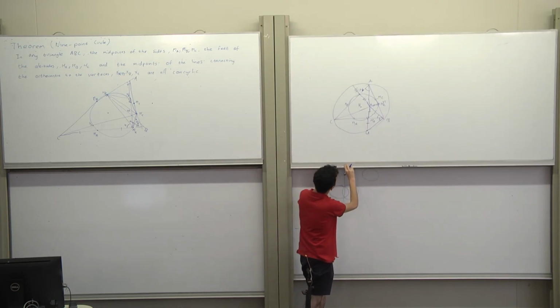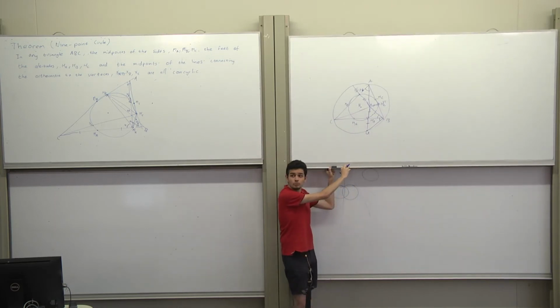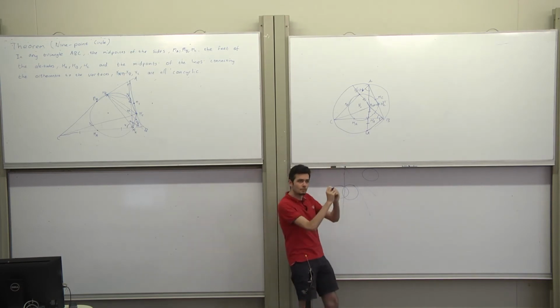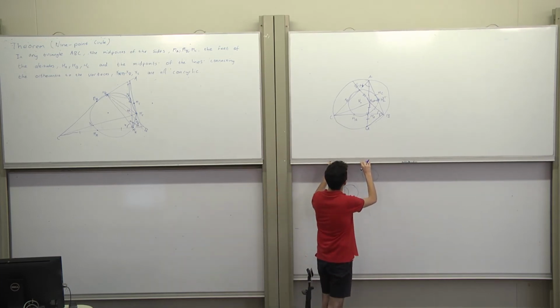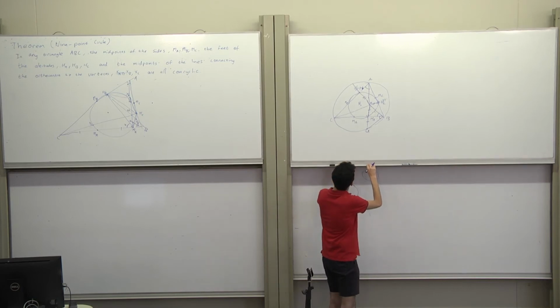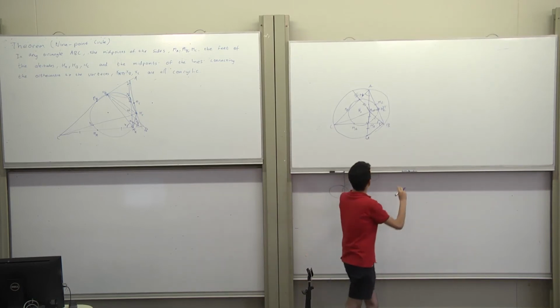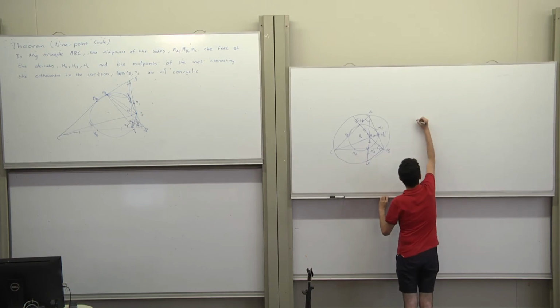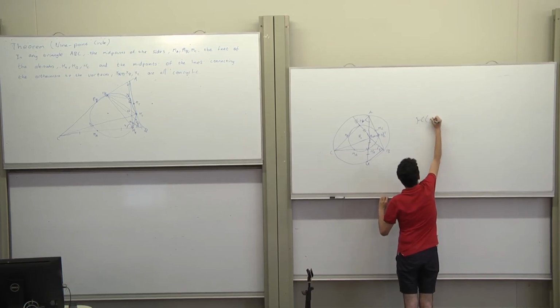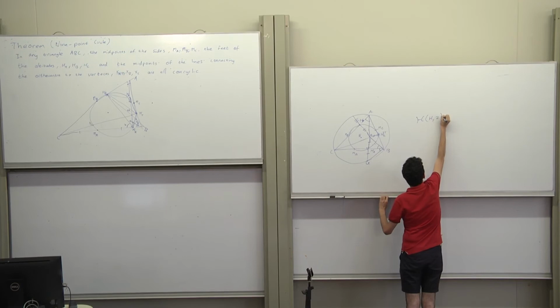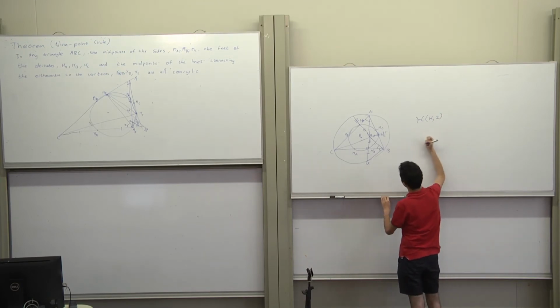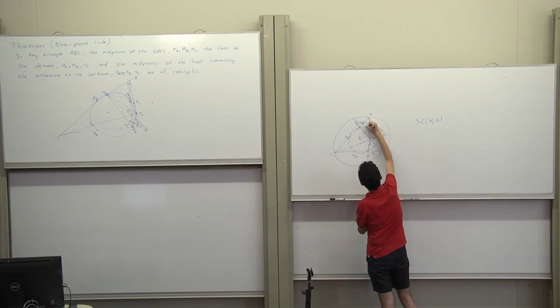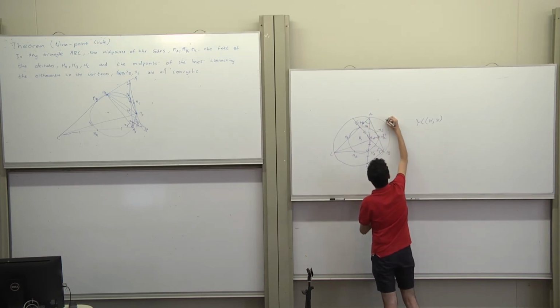Now, what does that look like to you? Yes, it looks like a homothety with convenient center H, with factor 2. So that means if we consider the homothety with center H and ratio 2, we have that... I guess I should give this 9-point circle a name. Let's call it omega 9, because why not?